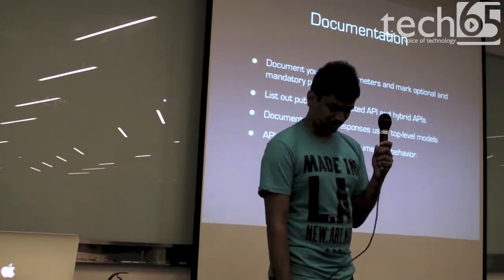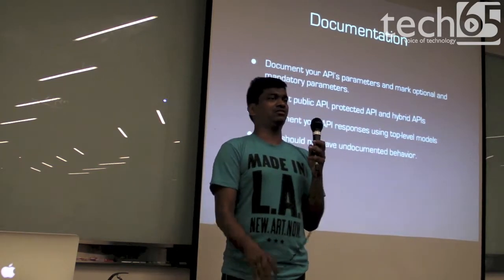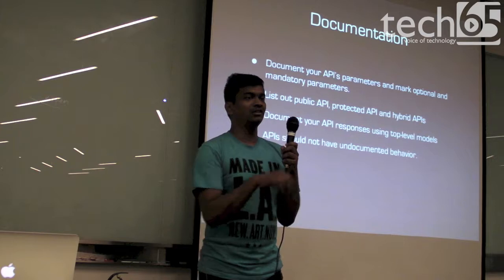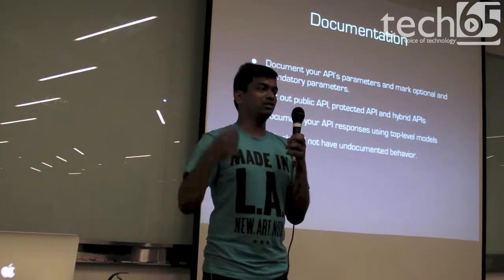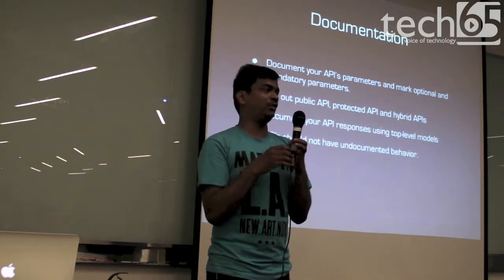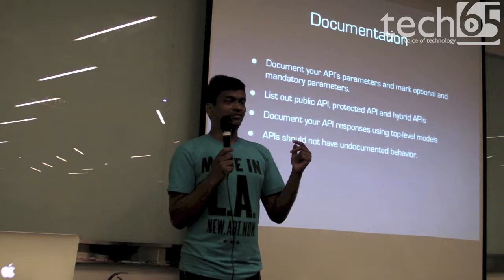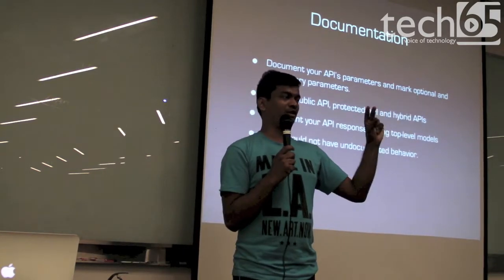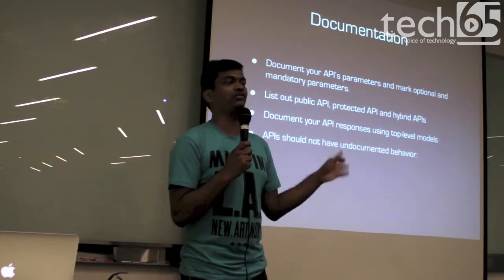Another example is if one of your parameters accepts 3 or 4 choices. Okay? For example, say profile type equal to public. This can take 3 values, say public, protected, and private. If this is the case, you have to validate whether the profile type is one of these 3. If it is not one of these 3, you have to throw an error.